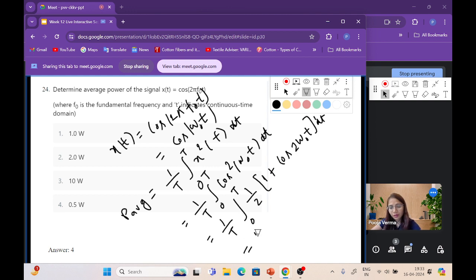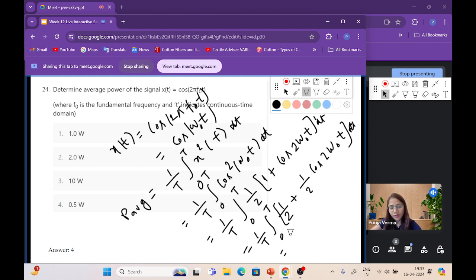So 1 by T, if we further solve this, 0 to T, (1 by 2 plus 1 by 2 cos 2 omega naught t) dt.